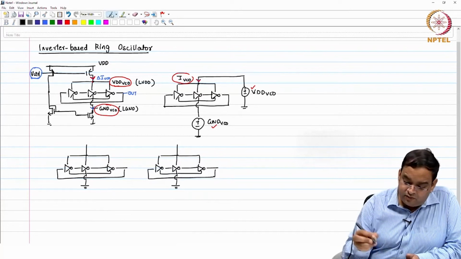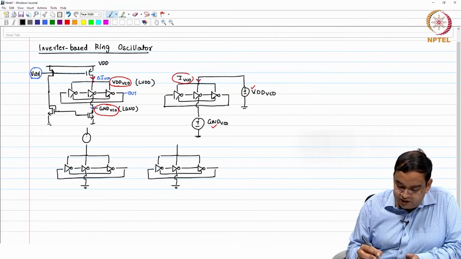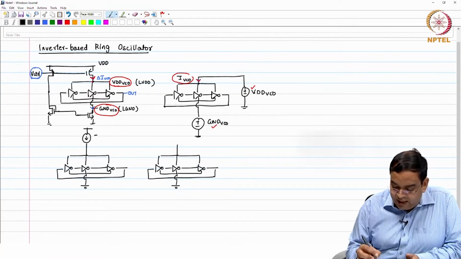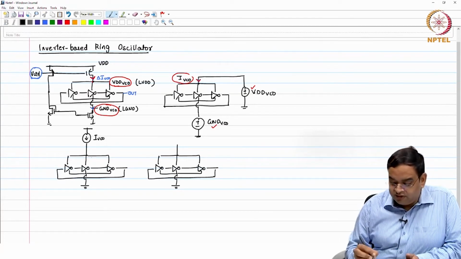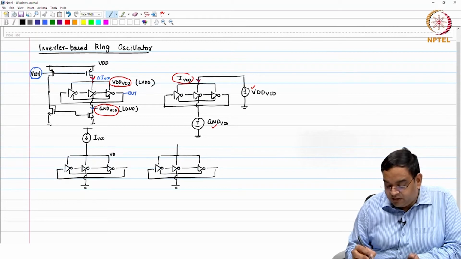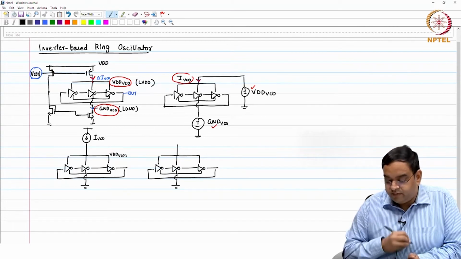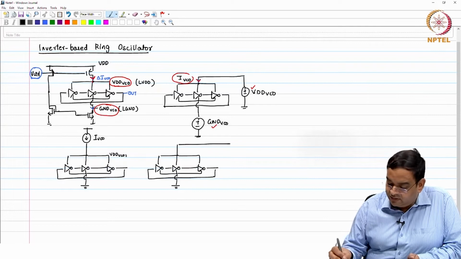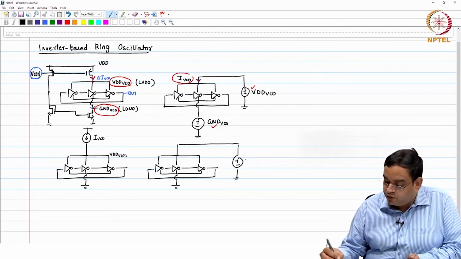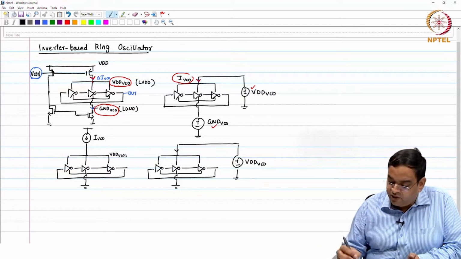In one case, I force the current I VCO such that it develops a voltage, let us say VDD VCO 1. In the other case, I apply a voltage source VDD VCO, and here you have a current I VCO 1.